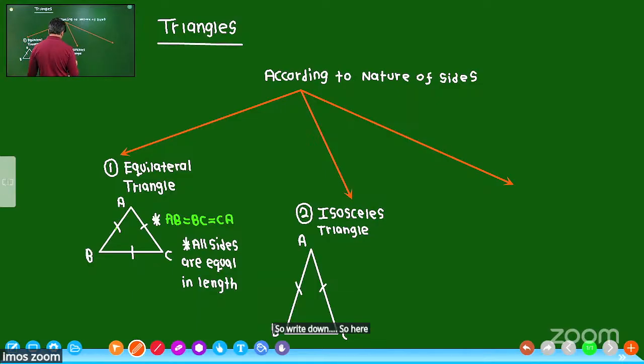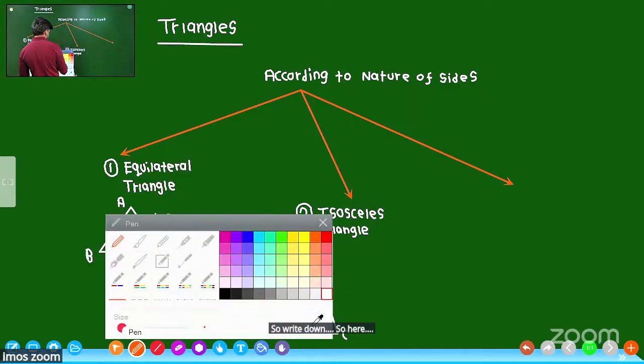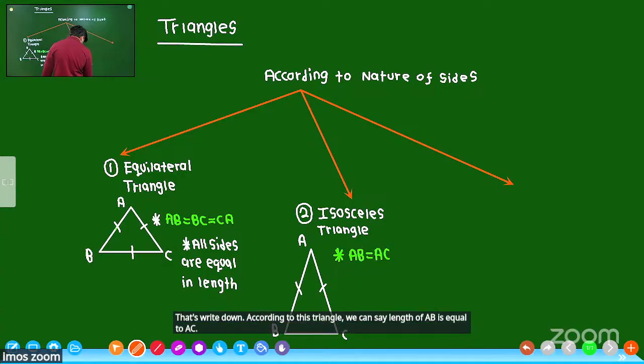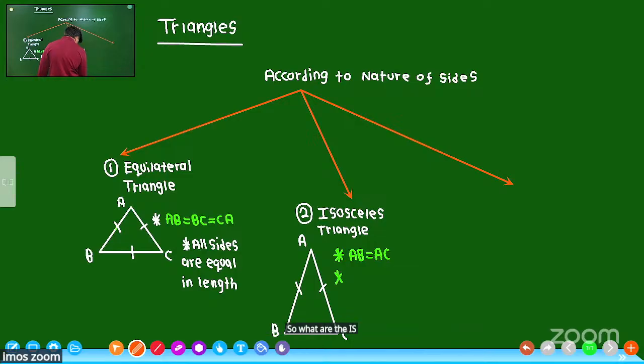So here, let's write down. According to this triangle, we can say length of AB is equal to AC. So what are the isosceles triangles?